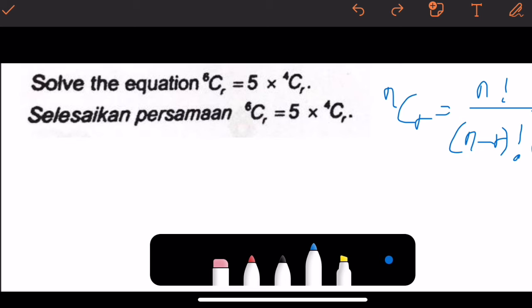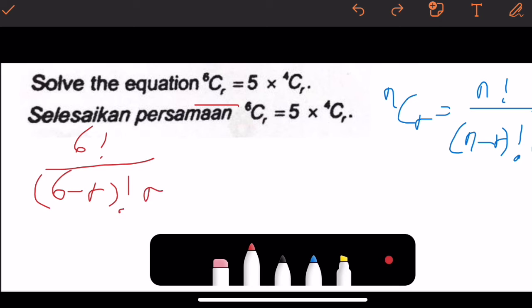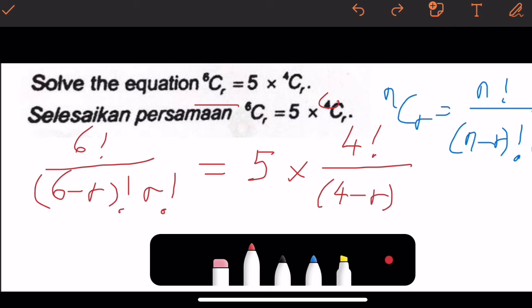So you have to use a formula. Okay, let's see this one. This is actually 6, right? 6CR, so I will write 6 factorial over 6 minus R factorial over R factorial is equal to 5 times 4, so 4 factorial over 4 minus R factorial, then the R factorial, and then I will cancel out the R factorial, both sides also got, right.